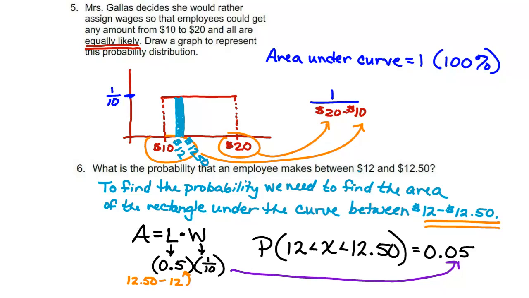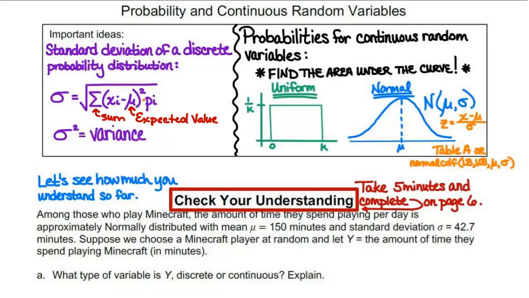Because somebody might get a raise and they might suddenly make 12.05 or 12.10 or 12.22. You have all the values in between, not these discrete ones that were written out ahead of time. Does that make sense?